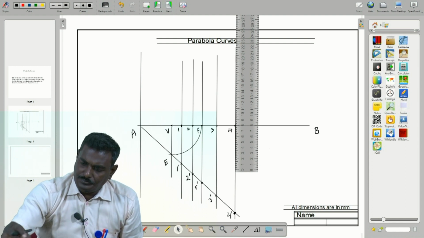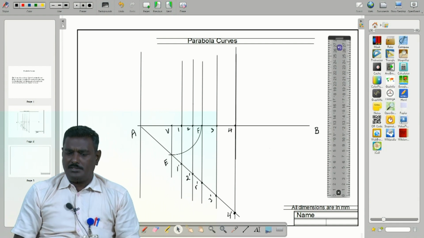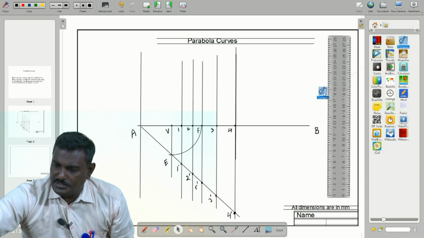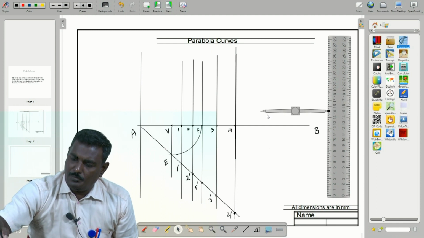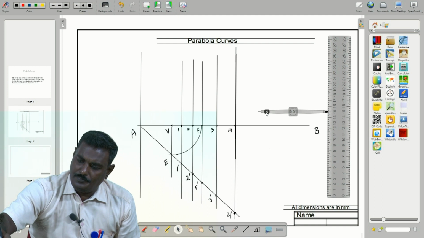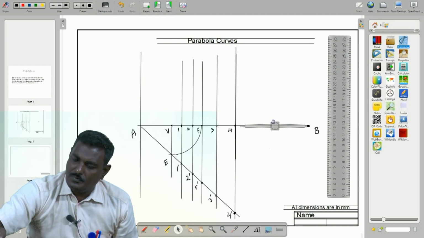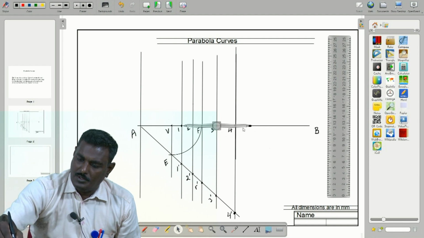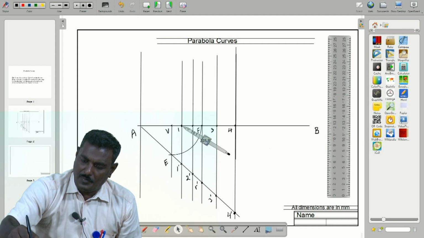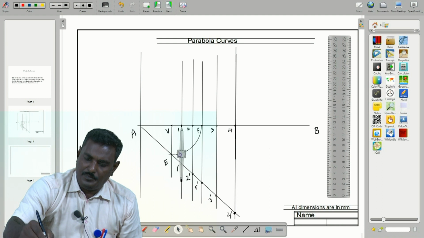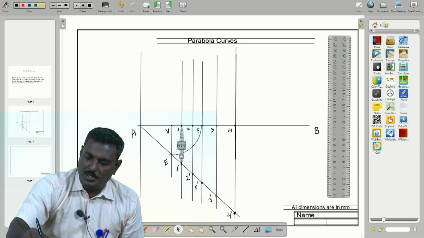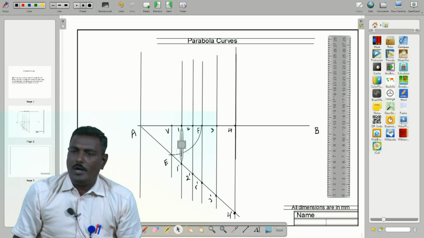Next we have to take the compass and measure 1 dash as radius. We place the needle point in 1 and measure 1 dash as radius.